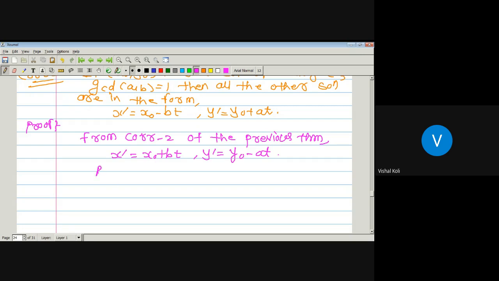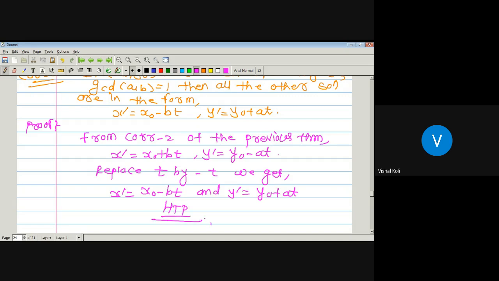Now just replace t by minus t. We get x dash is x naught minus bt and y dash is y naught plus at. That is what we have to prove, and hence the required result. Okay.